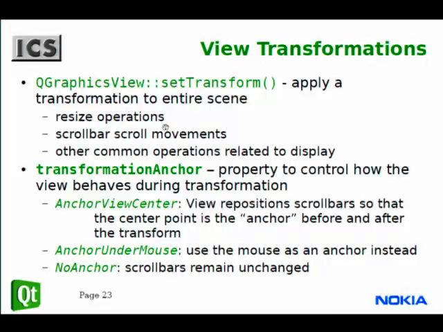This helps you for, say, resize operations or scroll bar movements. And then there's a transformation anchor, which is a property to control how the view behaves when you do a transformation. So you can have the view always reposition its scroll bar so that the center point is the anchor, or you can have it so that the mouse is the anchor, or there's no anchor.